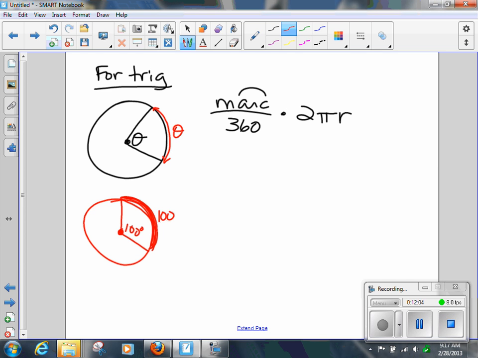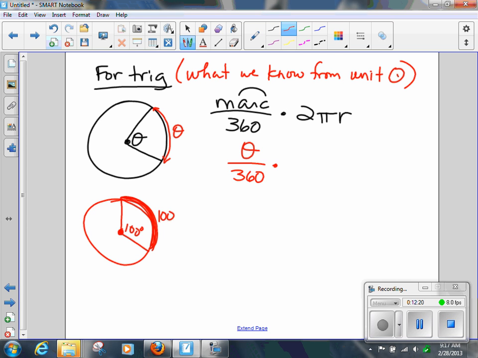Okay, so let's do some substituting. Remember, we're thinking what we know from our unit circle. All right, so we've got theta is the measure of the arc over 360 times 2 pi r.